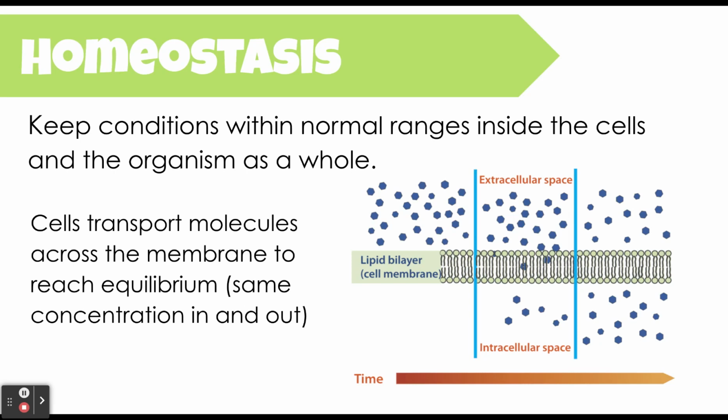So, cell transport is going to help molecules achieve that equilibrium. We want the amount of a molecule outside the cell to eventually equal the amount of the molecule inside of the cell to reach homeostasis, that state of equilibrium. So, cell transport is going to help achieve homeostasis.